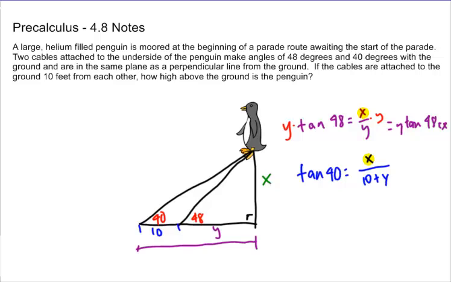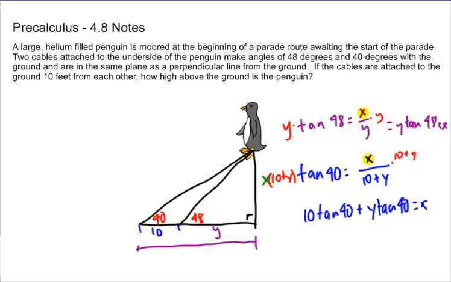Okay? And then if I also take the same steps on the bottom, except I'm not going to multiply by y, I'm going to multiply by 10 plus y. And so what that's going to give me for my bottom guy is 10 tangent of 40 plus y tangent 40 is equal to x.